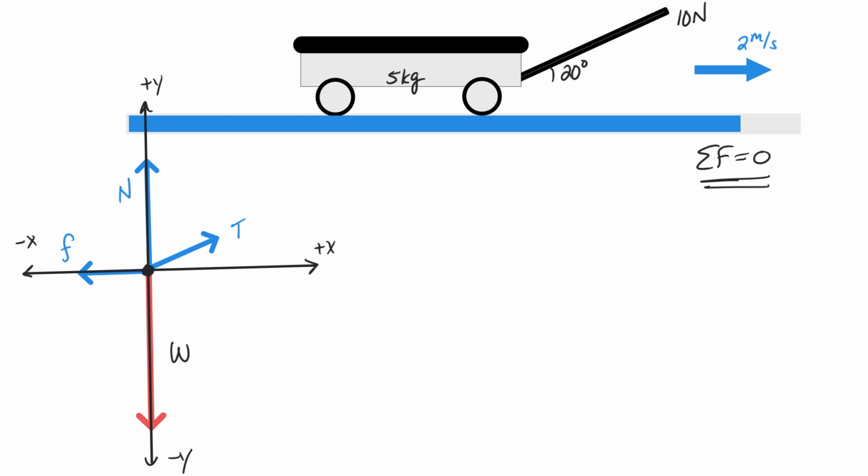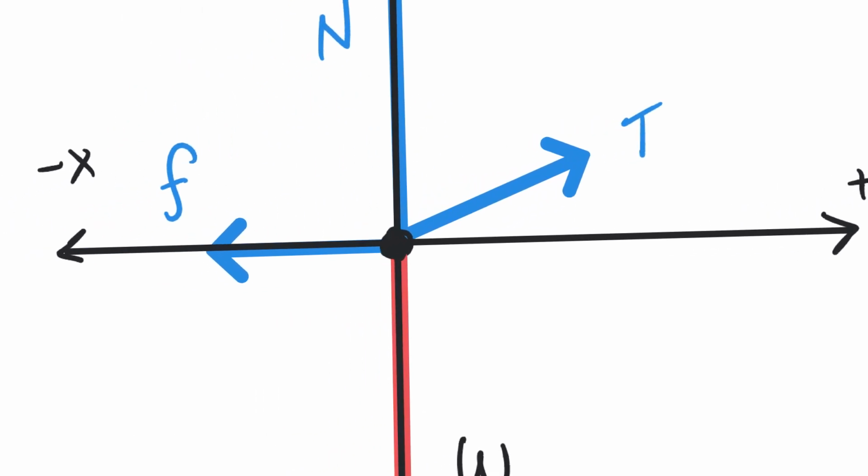Do I have any off-axis forces? Yes, I do. Because of that, we will have to take issue with these off-axis forces. I believe that this will be 20 degrees. So I think I will have to break this up into components, with a component being listed this direction and a component being listed this direction.